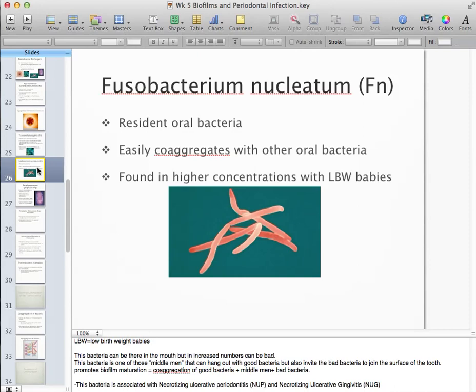That's when you have normal pellicle on the tooth, and then the middlemen bacteria or the friendly bacteria bring their bad friends, and now you have bad bacteria coaggregation on the tooth. So, Fusobacterium nucleatum is associated with NUG and NUP, necrotizing ulcerative gingivitis and necrotizing ulcerative periodontitis.